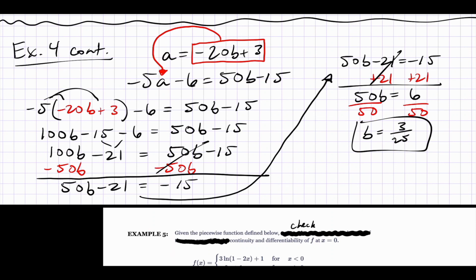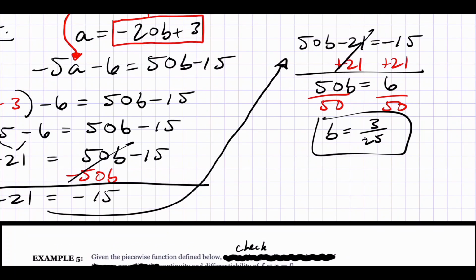Okay. Once I get that, plug it back in for B. I would use the first equation since it's a lot easier, since it's already solved for A. Negative 20 times 3 over 25 plus 3.